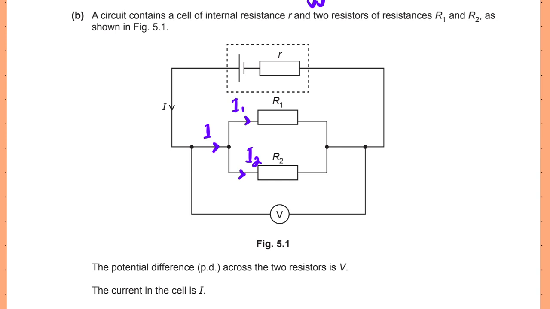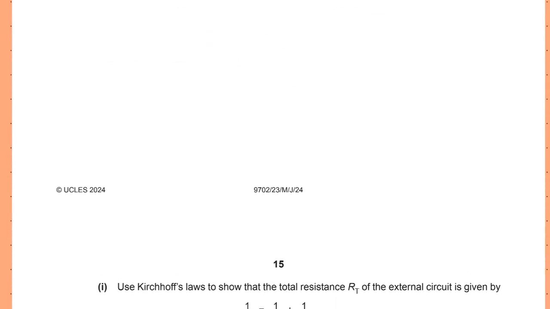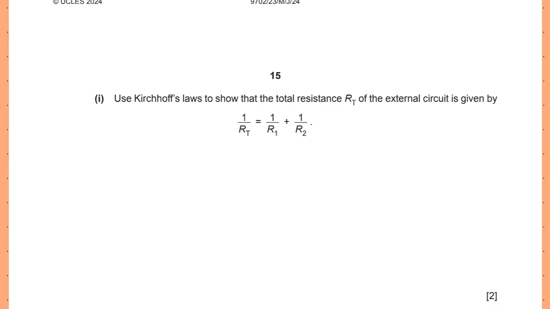But I also know that this current flowing in, by Kirchhoff's first law, would be equal to I1 plus I2. So let me first write that. I equals I1 plus I2, and then if I write this according to V equals IR, I also know that because that's a parallel circuit, the voltage is the same.